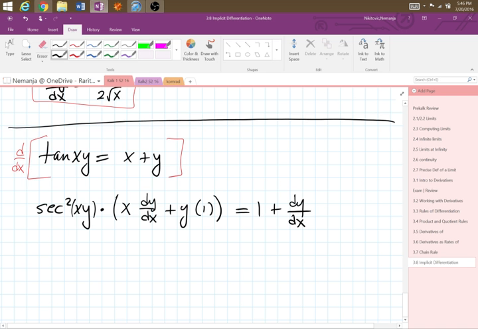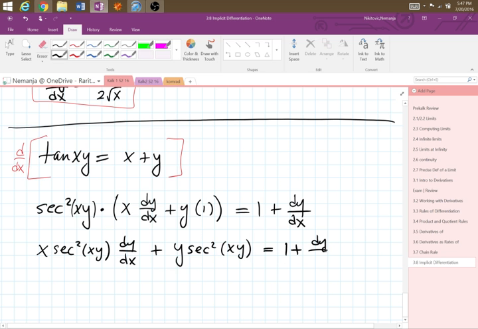By whatever you factored out. Yeah, we have to FOIL distribute first, right? Secant squared. And then move all the dy/dx terms on the left side and all non-dy/dx terms on the right side, and then go from there. So we have x secant squared xy dy/dx plus y secant squared xy is equal to 1 plus dy/dx.